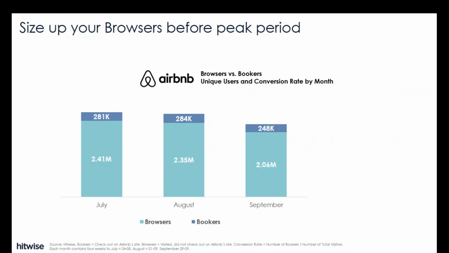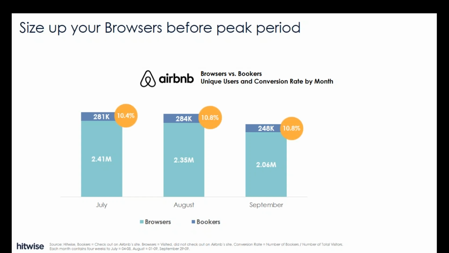In this chart, we are looking at the proportion of their browsers versus their bookers. Total visitors has slightly dropped off over the peak summer month of July to September, but conversions have more or less remained the same each month, so that's 10.4% to 10.8%.